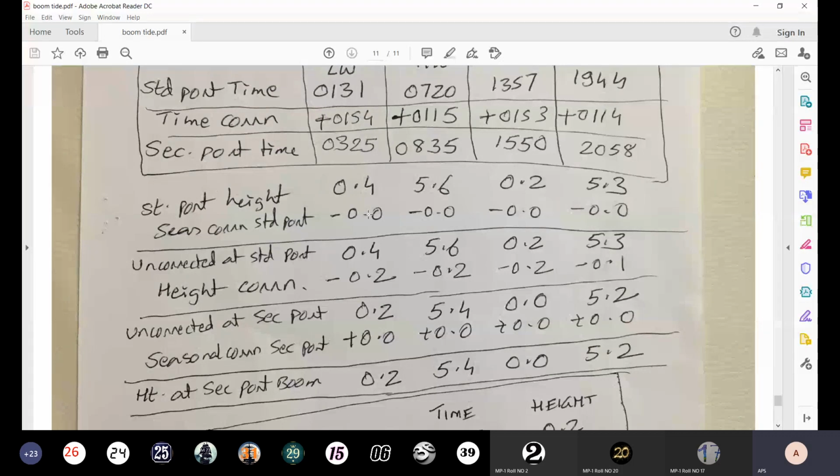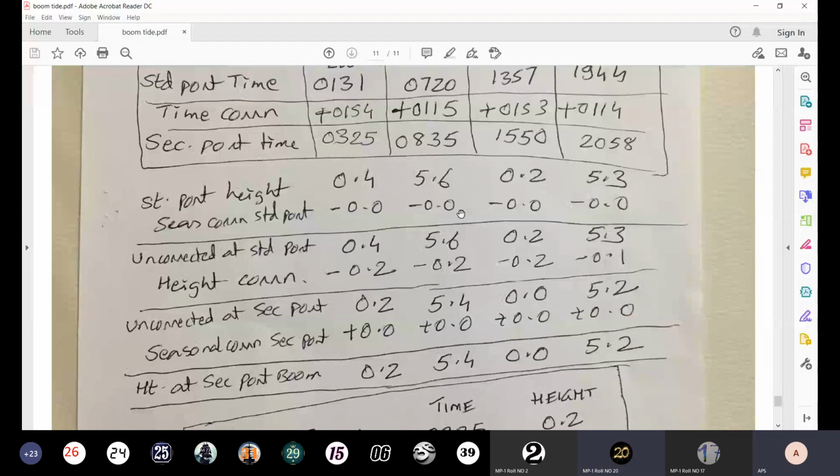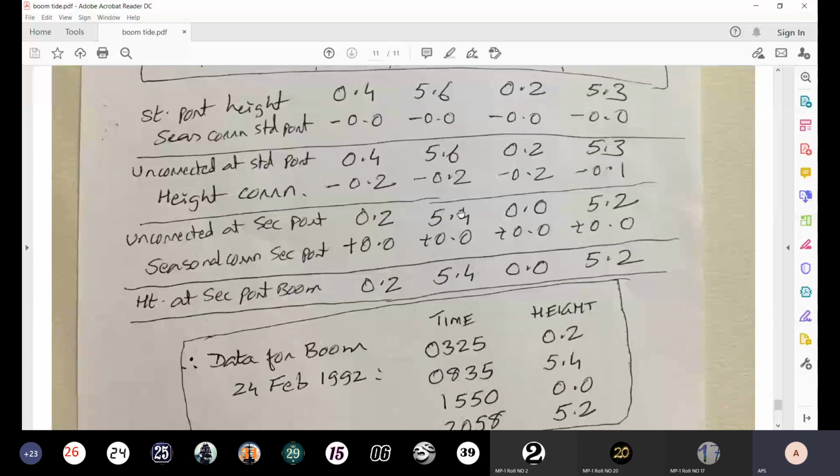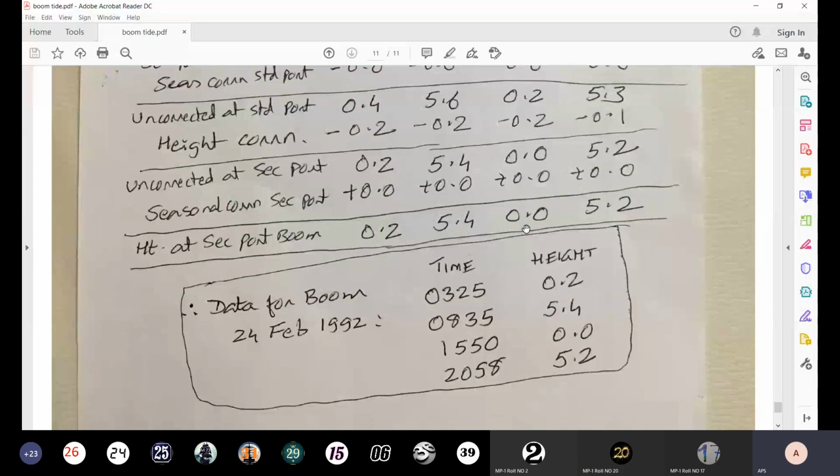Minus and minus will become plus. So this is only indicating minus and the correction inside the bracket. So till here, let me know if anybody has a doubt how to get the data, time and height at secondary port.